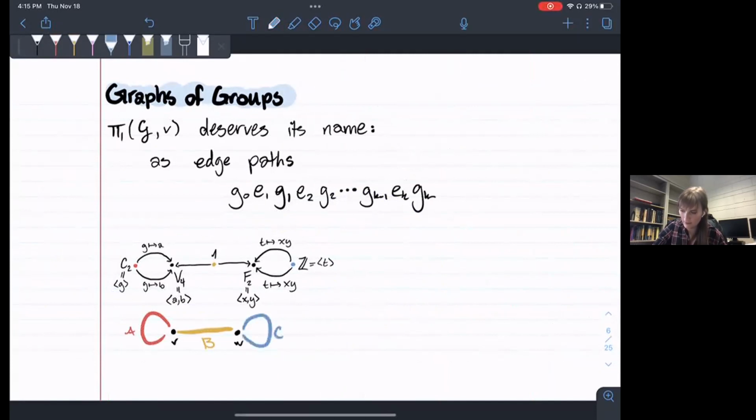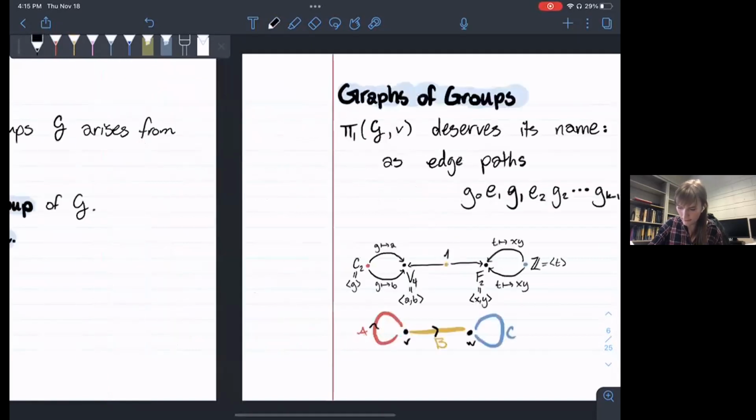So an example would be, maybe I'm basing my fundamental group at V. So maybe I could go out across the edge B. Let me orient my edges. So I could do B and then pick up an element of F2.